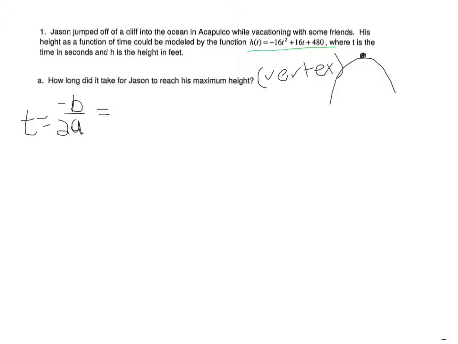So this here is equal to a negative 16 over positive 2 times a negative 16, because that is my a value. Okay, so I have 2 times negative 16 on the bottom and negative 16 on the top. So that's going to reduce down to negative 16 over negative 32.